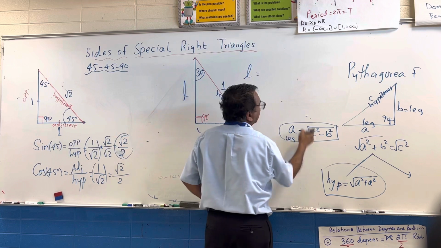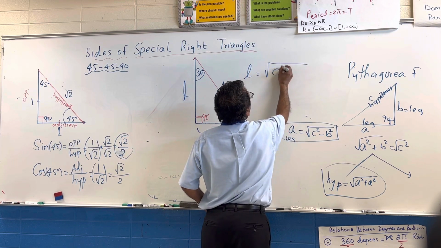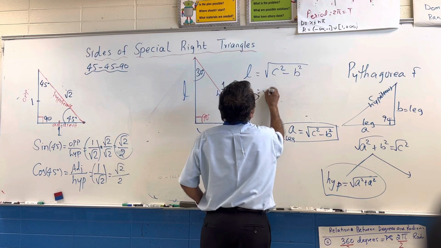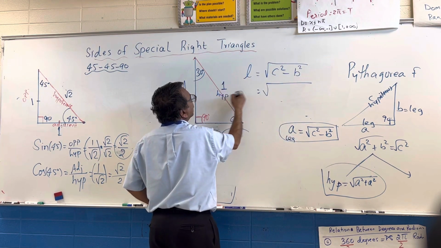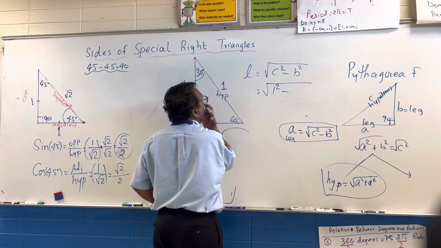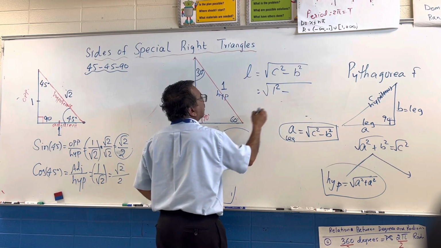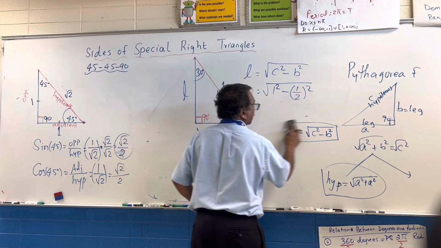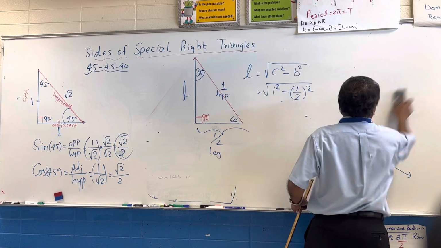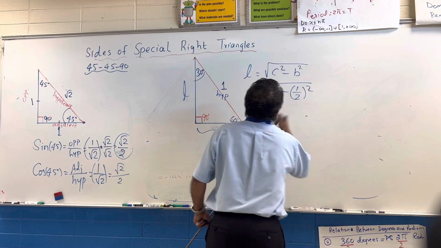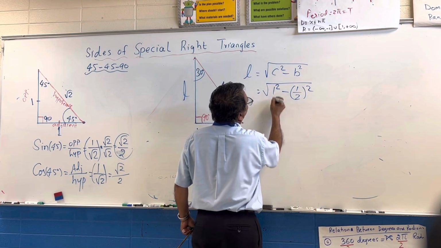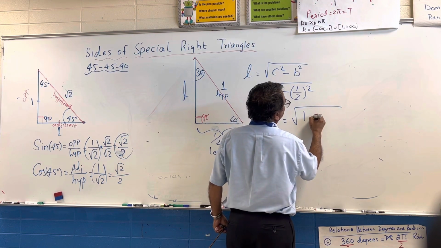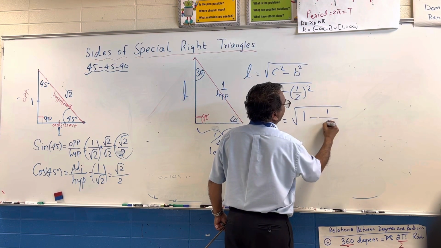The formula is square root of c squared minus b squared. In other words, c is the hypotenuse, 1 squared, and this leg is half, so it is half squared. 1 times 1 is 1, and 2 times 2 is 4.